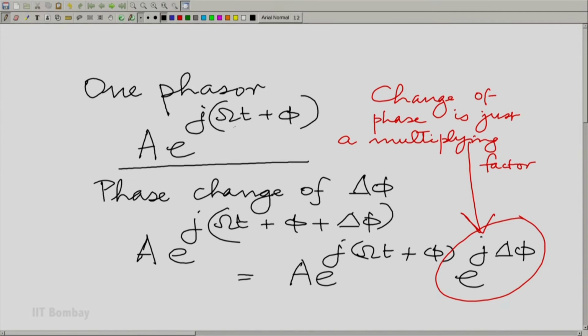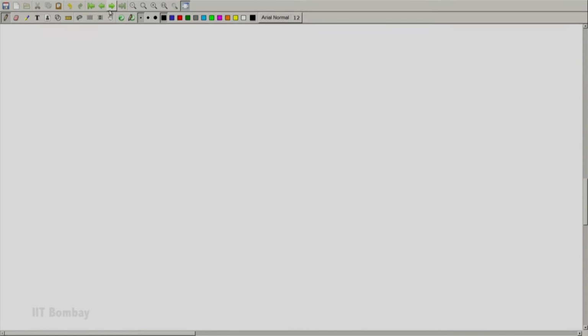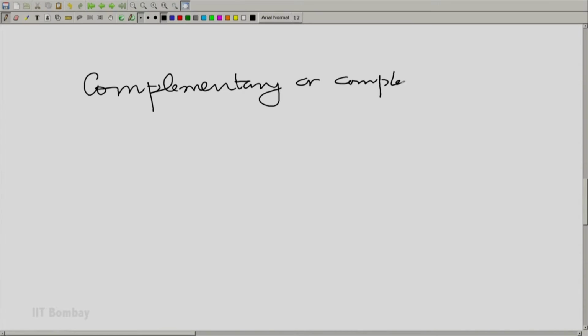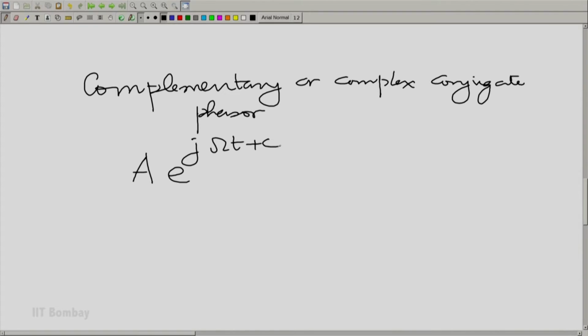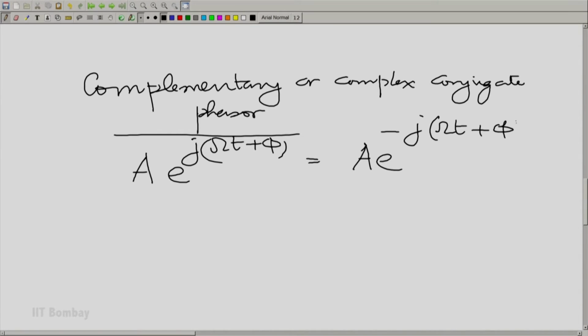Now, let me take the corresponding complex conjugate phasor. So, let me take what we may call the complementary or complex conjugate phasor, which of course would be a e raised to the power j(omega t plus phi), the whole complex conjugated, or a e raised to the power minus j(omega t plus phi). And here again, let us effect a change of phase.